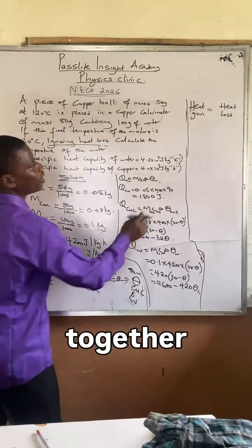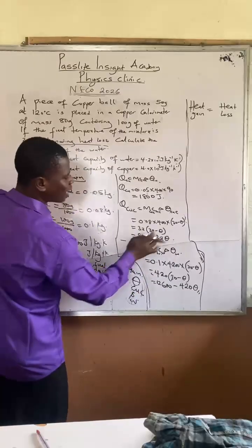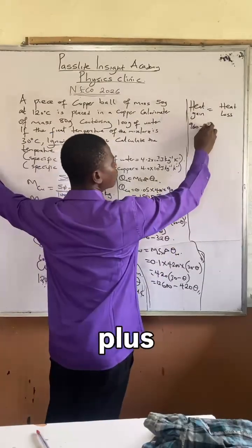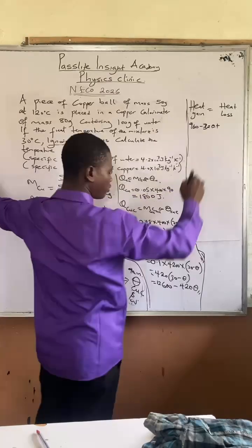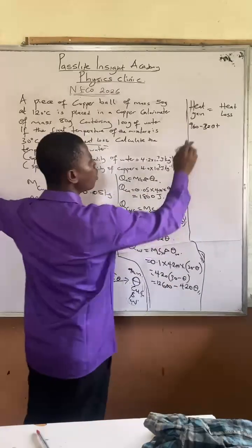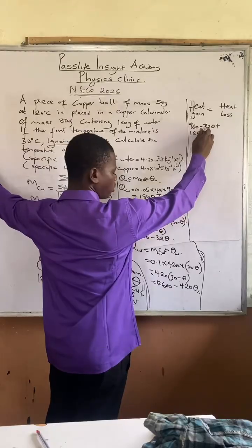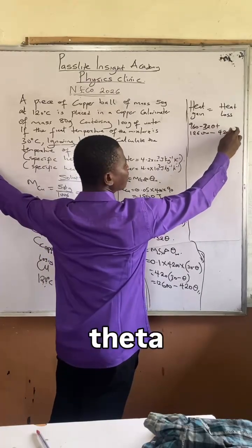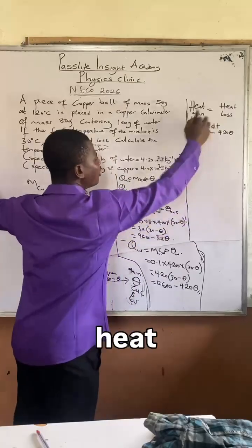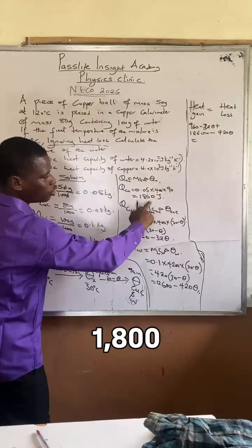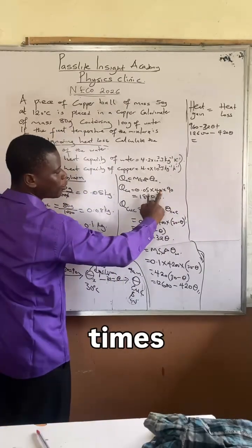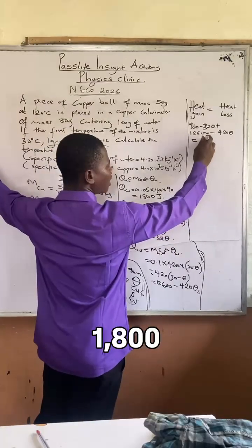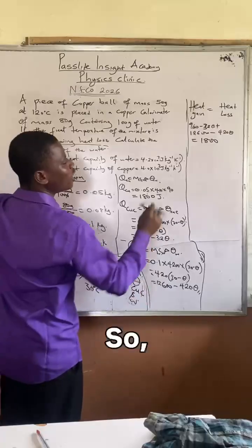So add them together: 960 minus 32 theta plus 12,600 minus 420 theta equals the heat lost. What is the heat lost? 0.05 times 400 times 90 is 1800 joule.